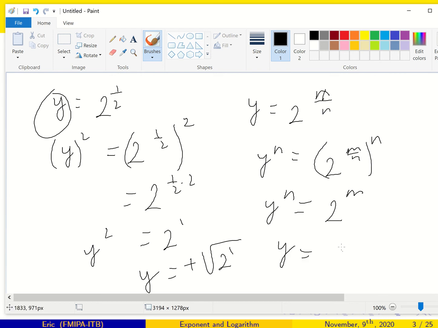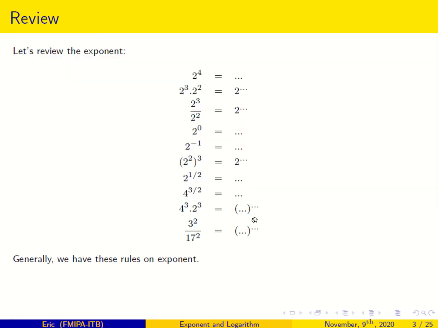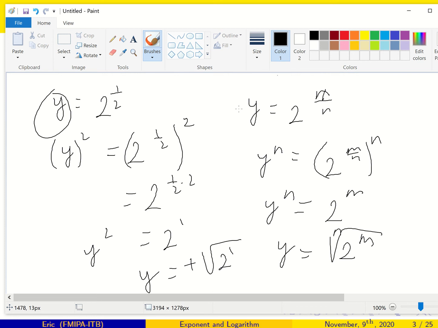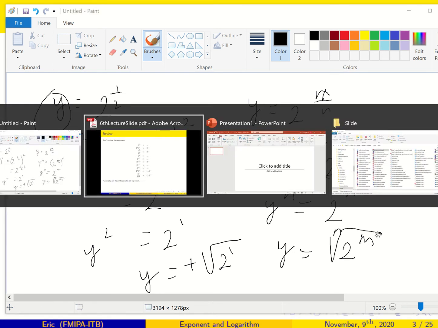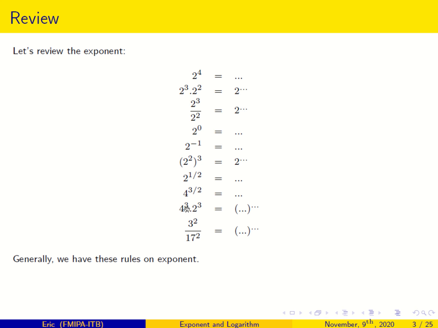So y should be the nth root of 2 to the power of m. So in general, if you have y equals a to the m over n, this equals the nth root of a to the m.